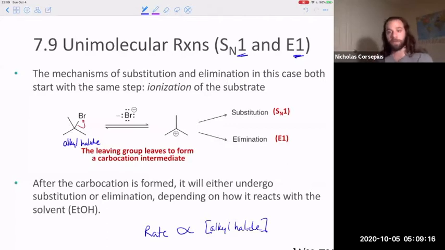First step being the formation of the carbocation, the next step being the nucleophilic attack. So remember, the 1 and the 2 don't correspond to how many steps there are. It's how many species are involved in that rate limiting step. And again, for SN1 and E1, it's just the alkyl halide, and it's the loss of that leaving group. This is my really messy proportional to sign.